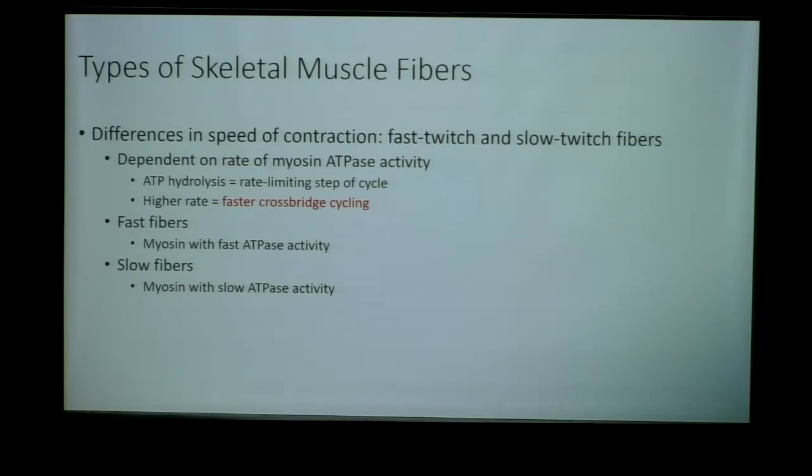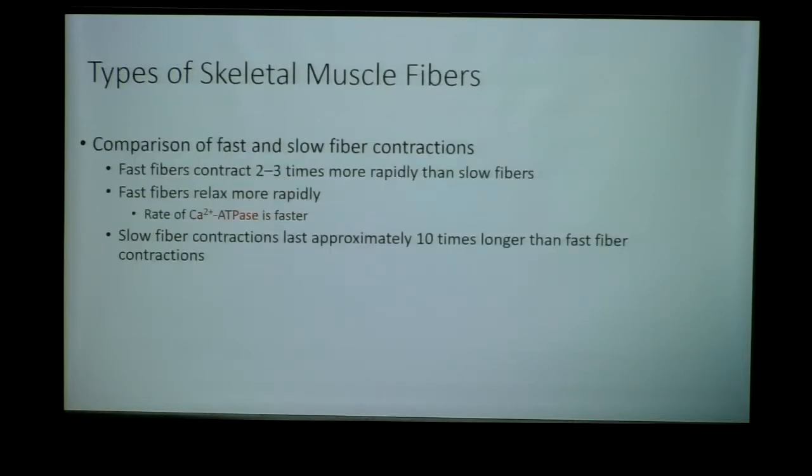And all that really means is that, let's say we have a slow fiber that can contract 10 times in a second. We have a fast fiber that can contract 100 times in that same second, okay? So its rate of myosin ATPase is just faster, and that makes it a fast fiber versus a slow fiber. And we'll talk about areas of the body where we can see these different types of fibers.